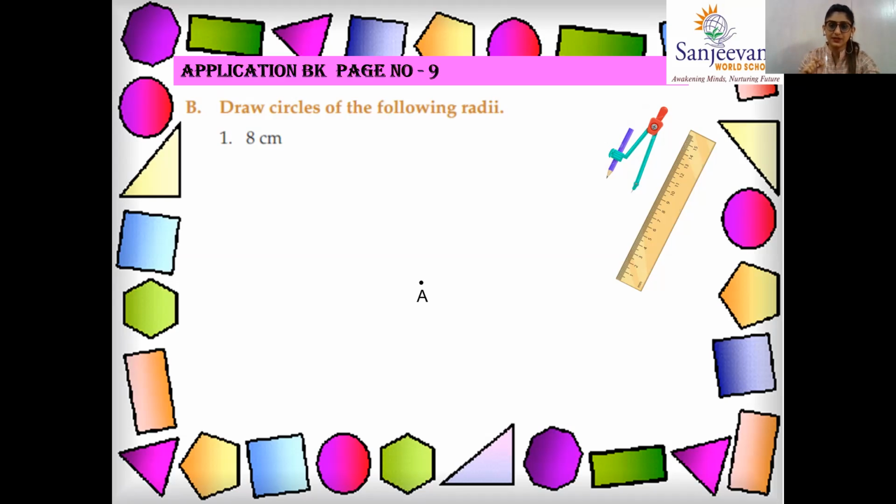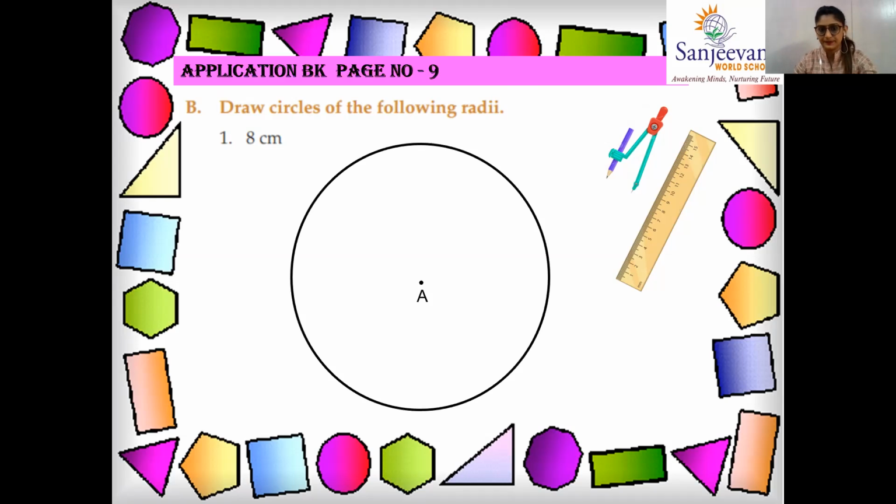Mark, name the center. Keep the point of your compass on the center and draw the circle. Once the circle is drawn, draw the radius and write the measurement 8 centimeter.